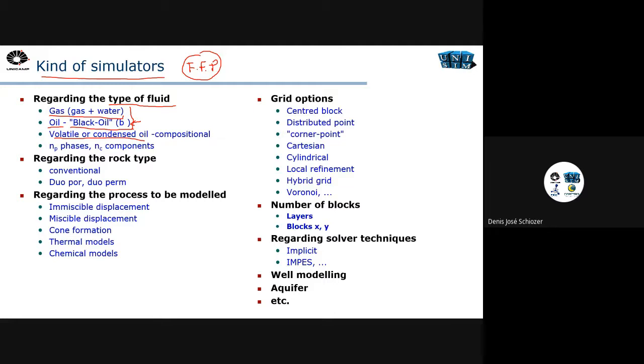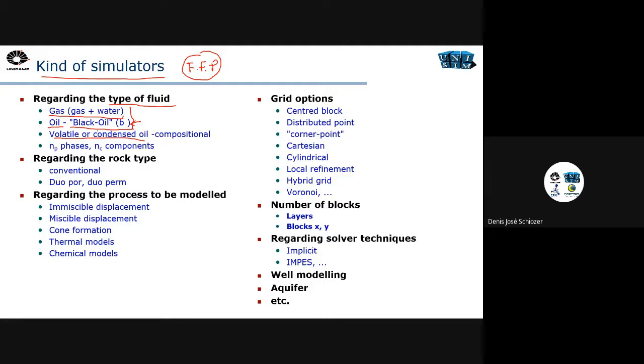For example, in the initial conditions, the reservoir can be liquid, but as we produce this oil, the liquid can be transformed into gas. So it's very important for us to have a simulator that can mimic this behavior, because the gas movement in the reservoir is very different from the liquid movement. So if we have these conditions, we have to select a model that is able to mimic this behavior.